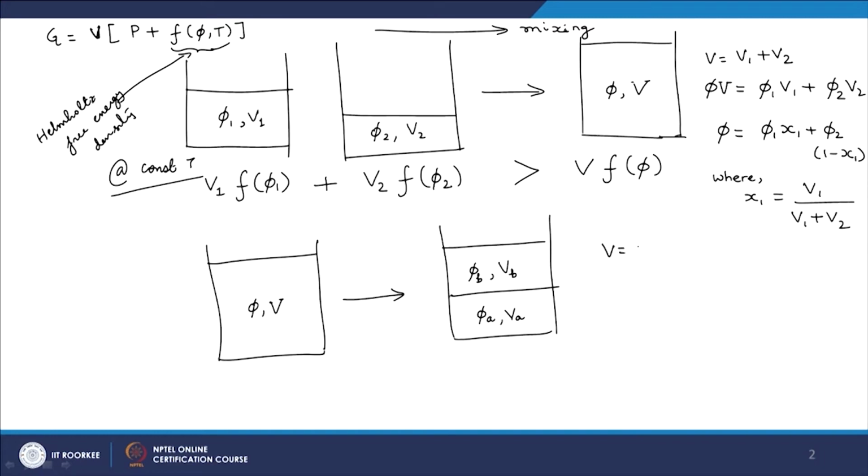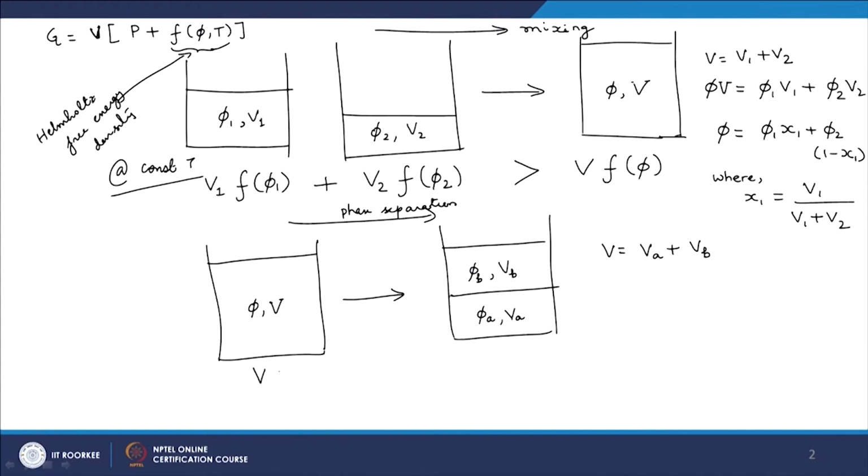Again V is equal to VA plus VB. The phase separation will happen again using the free energy criterion, the opposite of what we had in the case of mixing, that is, the free energy in the homogeneous state is higher than the free energies summed in the phase separated state.